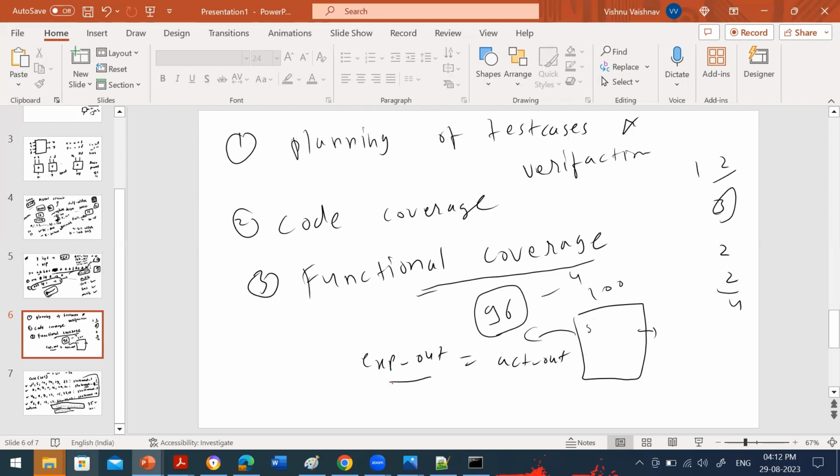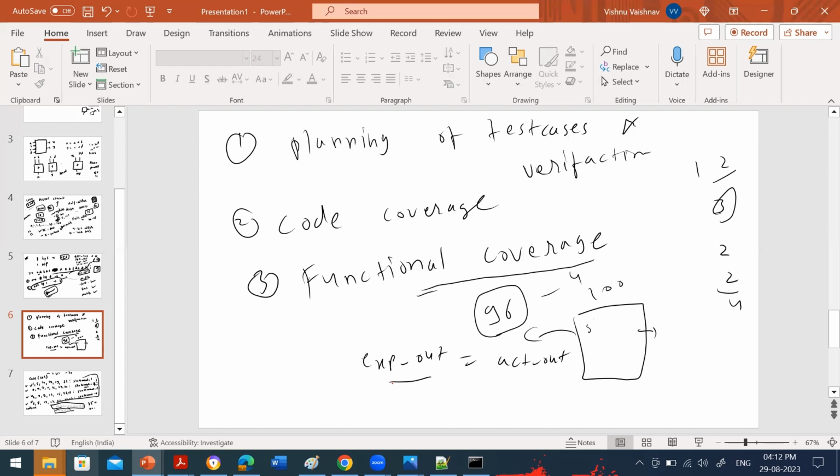DFT is done for each and every chip. Let's say you are making 100 chips for one particular product, 100 chips for 100 products you are targeting to the market. If you have 100 chips, each and every chip has to go through a DFT process. Individually, you do testing of each.